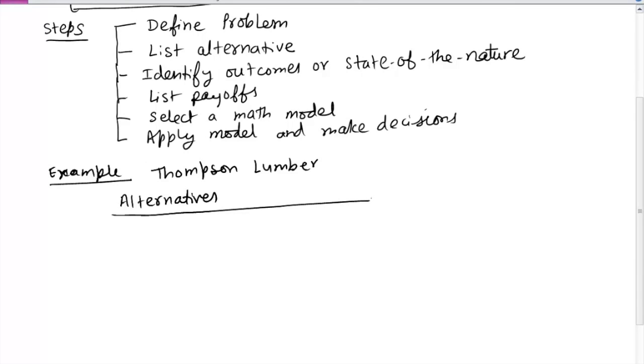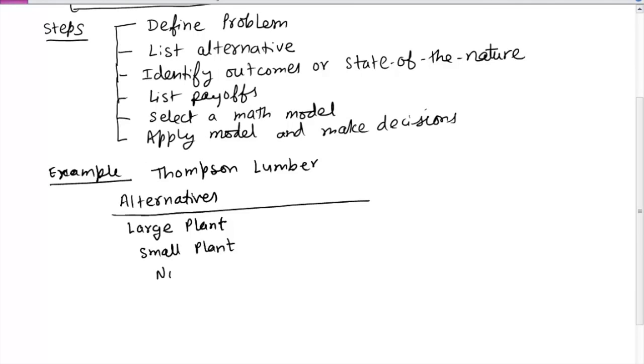One alternative the owner of the company has is that they can go for a large plant with this new offering, so they can produce a lot of new items, or they can go for a small plant, so this is not that ambitious. And many times people ignore, but it is always one of the alternatives is to do nothing.